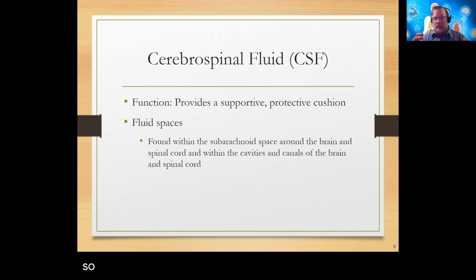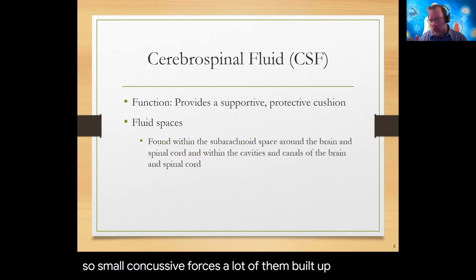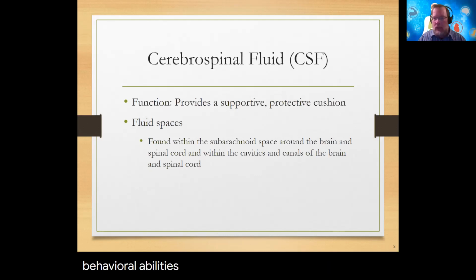So small concussive forces, a lot of them built up over several years, can lead to long-term issues with cognitive abilities, behavioral abilities, memory loss, a whole slew of items. So anyway, CTE.